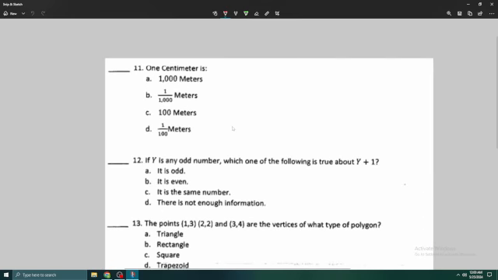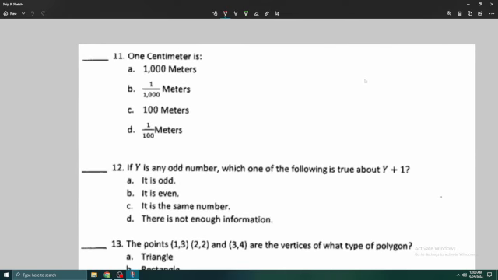Cent, like century, right? So a centimeter, I think 100, 100th. Of course, this is what we would call our distractor, right? Probably the most common mistake.